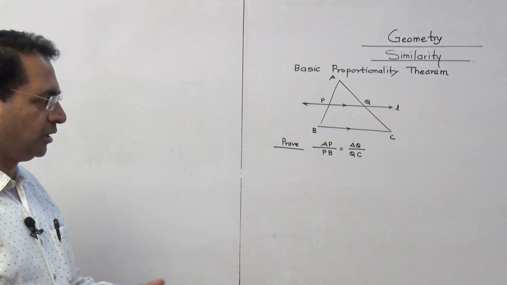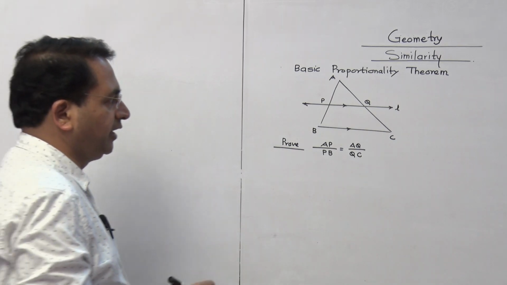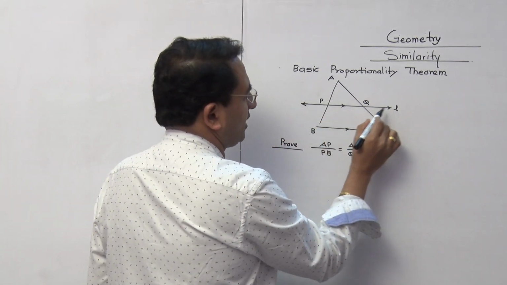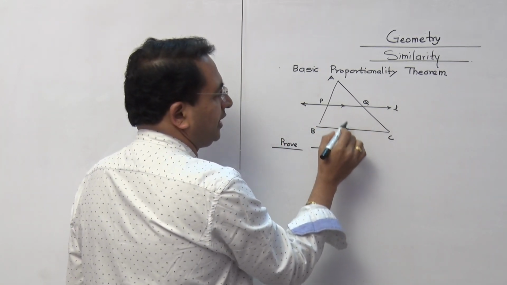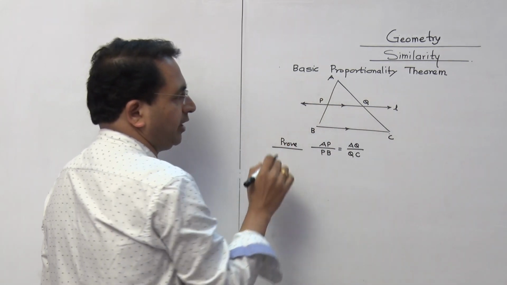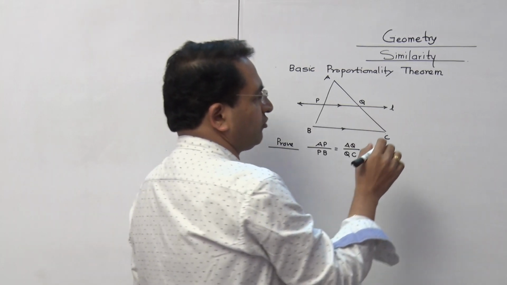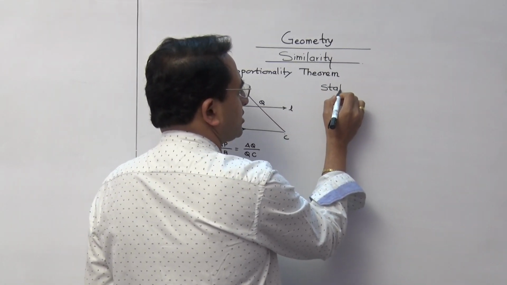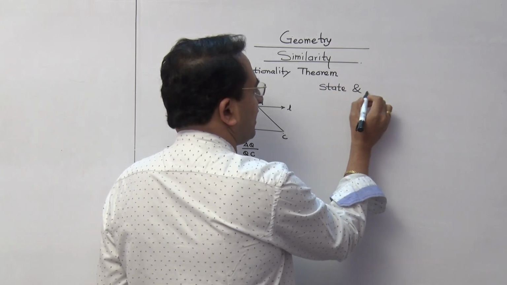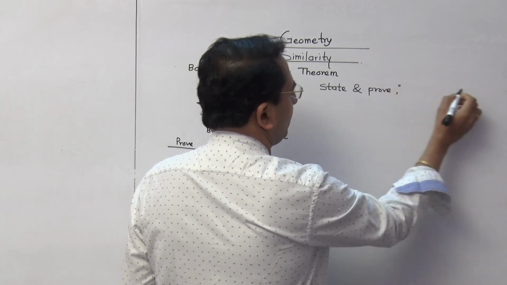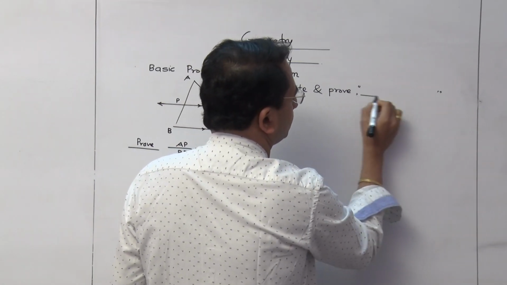Now let us understand the logic behind it. Whenever you draw a line parallel to the base, it divides the other two sides in proportion. That is a statement. Now the question asked in the textbook is like this: state and prove. Then they will give you the theorem.